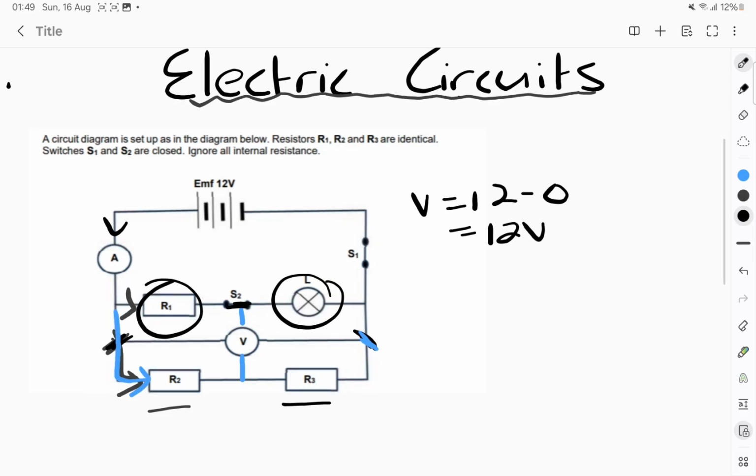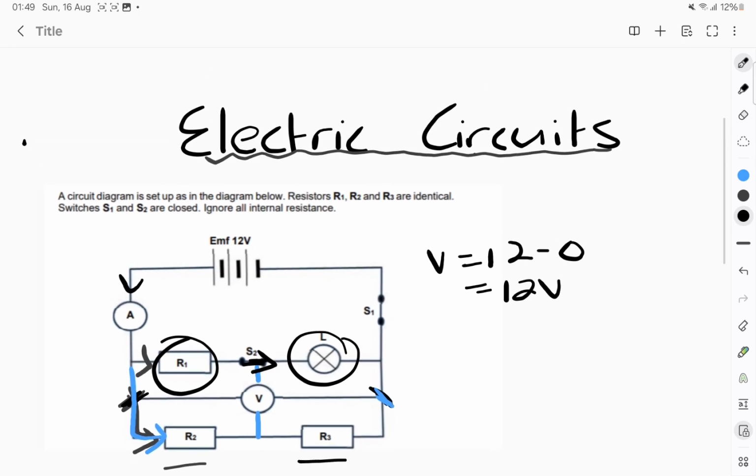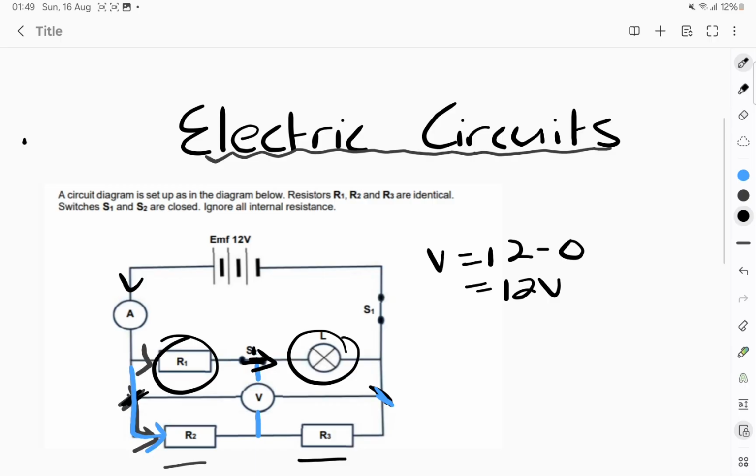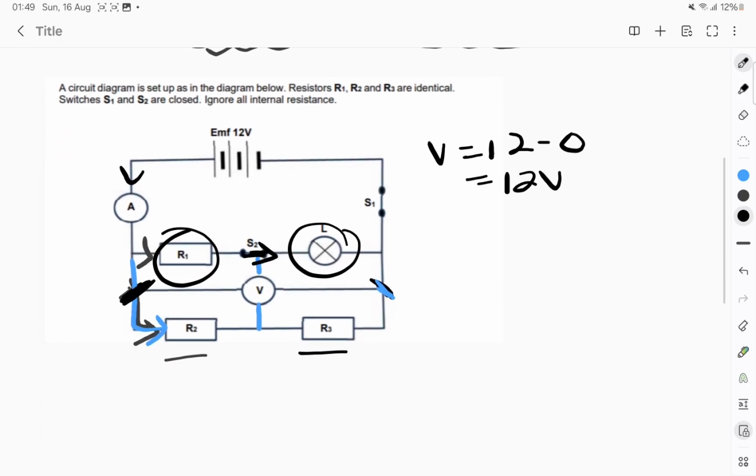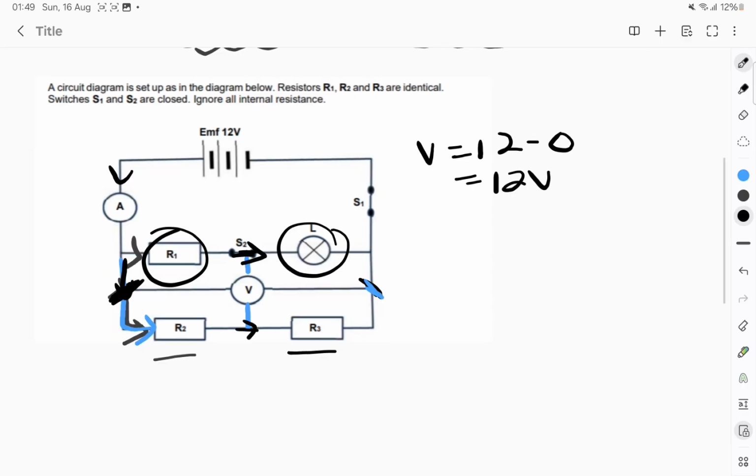It's not the one going to R1. It's the one that's passing through this point, okay? Through this point over there, okay? Just the same as here, it's the voltage that's passing through that point, okay? That's important. Even here, this may have been 2V.